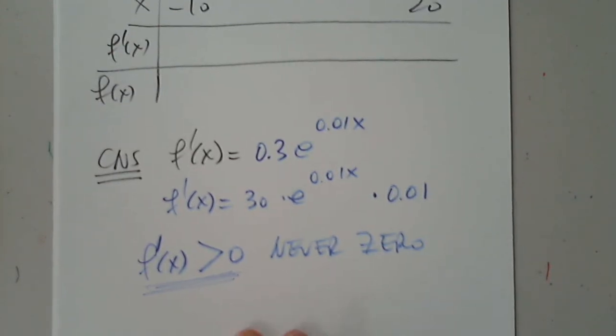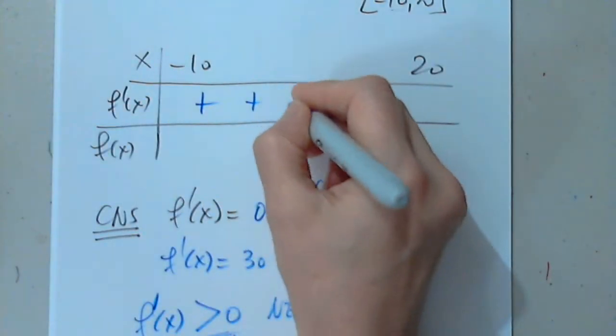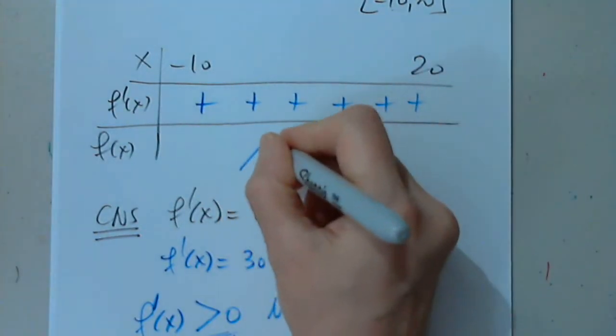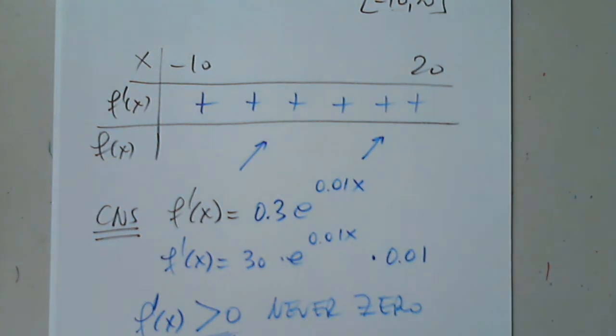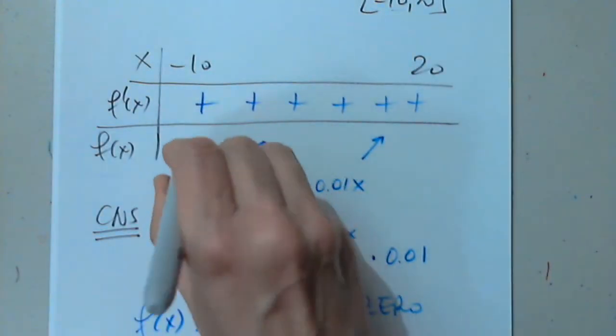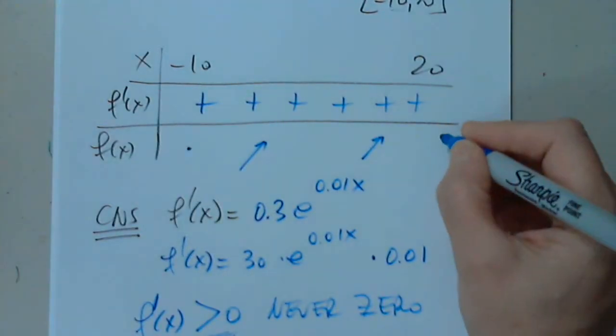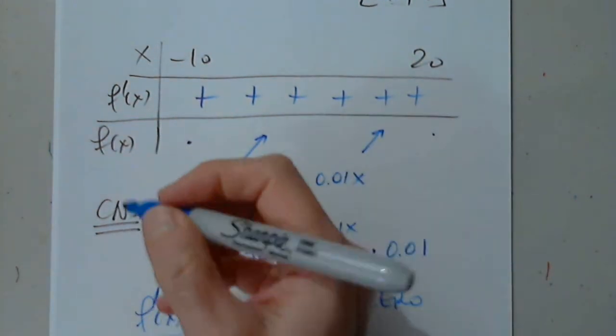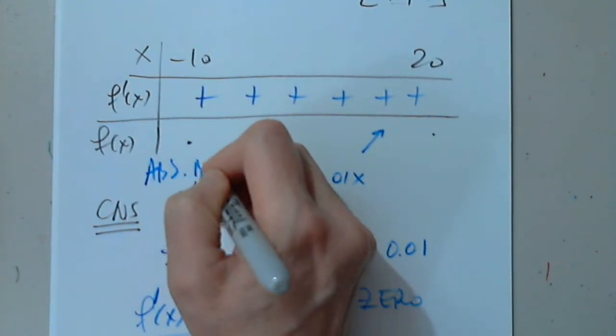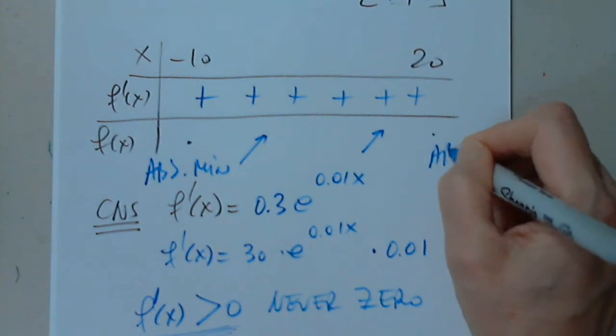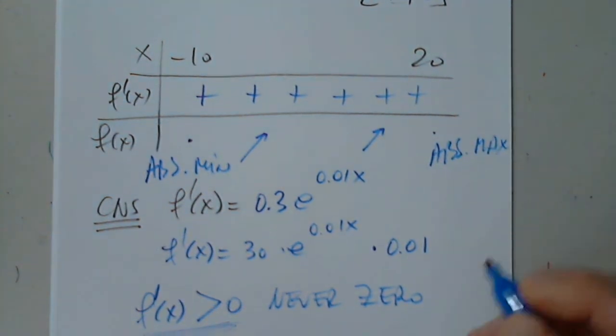It always increases. Always increases. If the derivative is positive, the function always increases. So the only thing I need to do is plug in negative 10 and find this value, plug in 20 and find this value. This must be the absolute min, and this must be the absolute max.